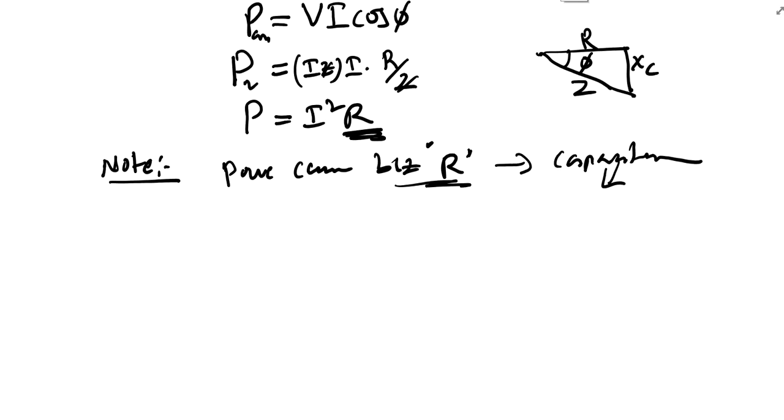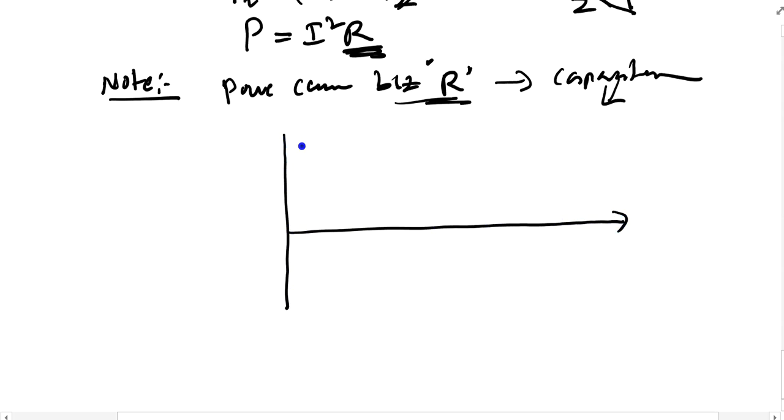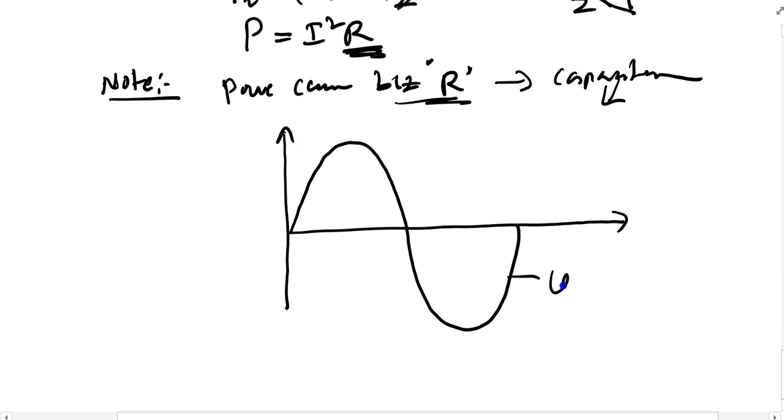Now let me draw the instantaneous power waveforms here. I'm taking this voltage waveform, V equals Vm sine omega t, as the reference. But what about my current waveform? The current is I equals Im sine omega t plus phi, isn't it?